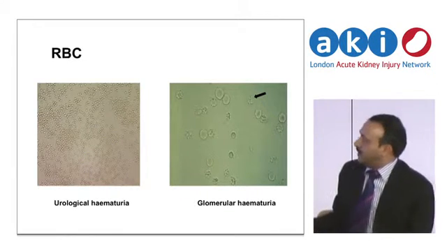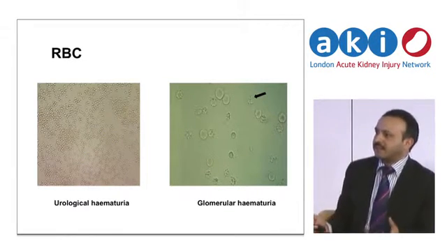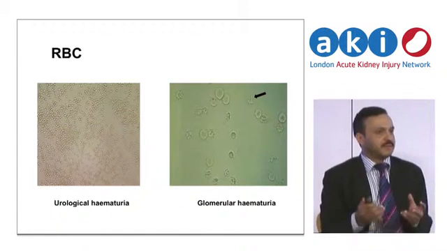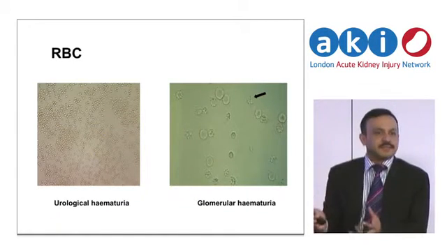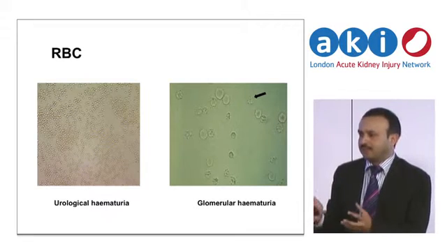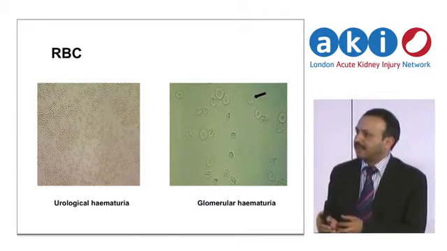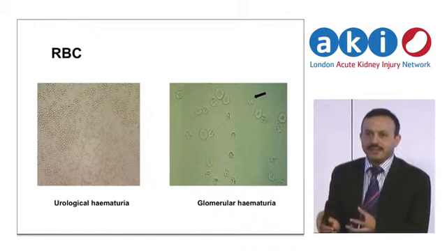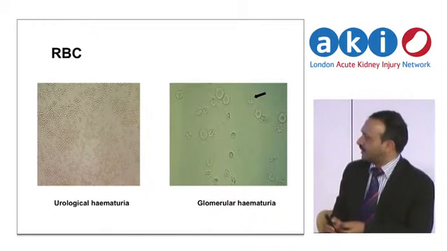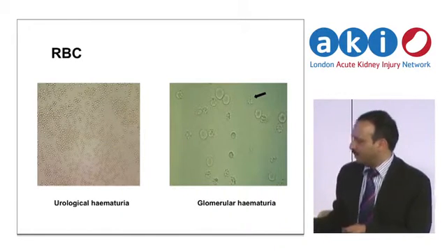Now, you see a lot of red cells in this patient's urine. You want to differentiate between glomerular hematuria versus tubular, urological hematuria. So anything in the urinary tract, bleeding lesion or stones, which could be causing visible hematuria.